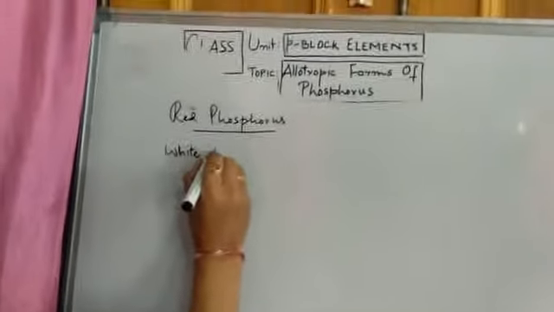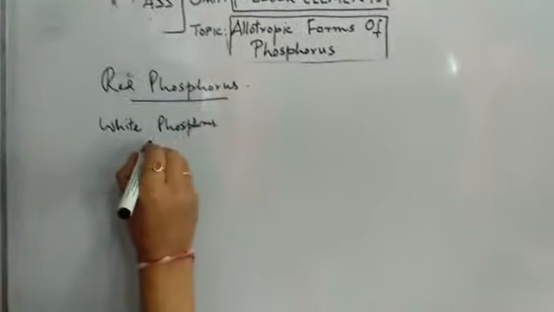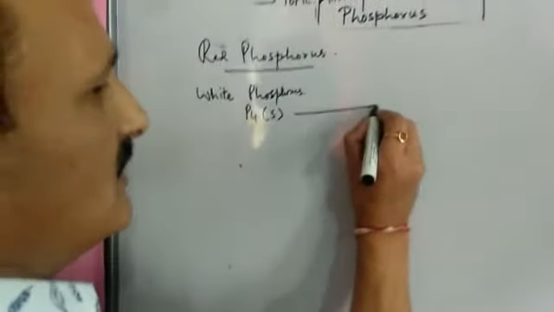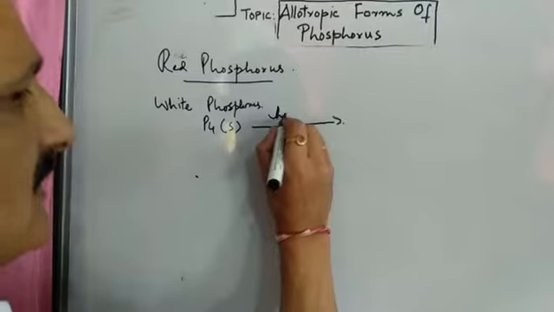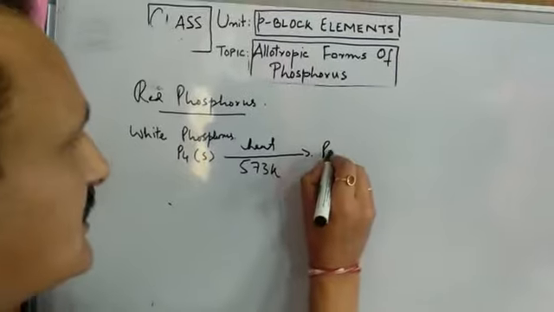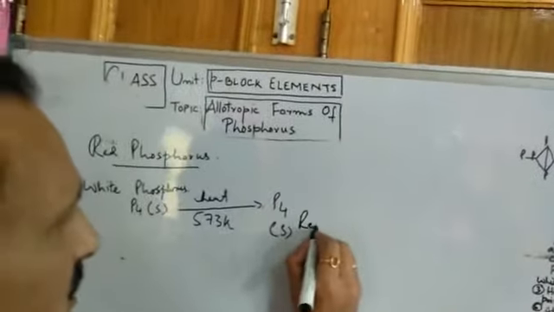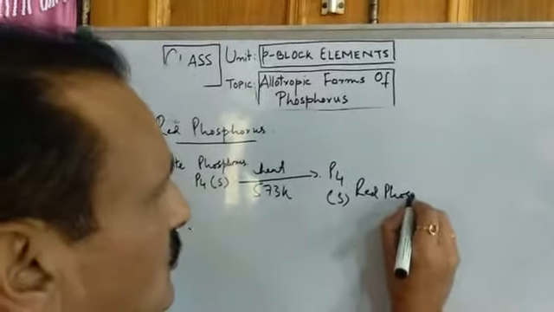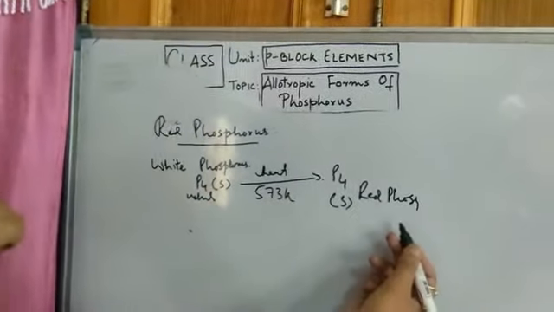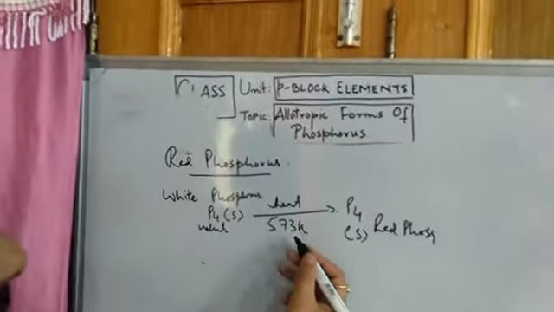We take white phosphorus, that is P4 in solid state, and we heat it at a temperature of 573 Kelvin. It gets converted into P4, but this is red phosphorus now, while this is white. So white phosphorus can be changed into red phosphorus by heating it at 573 Kelvin.